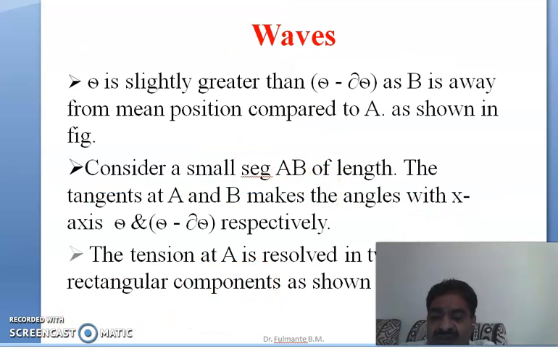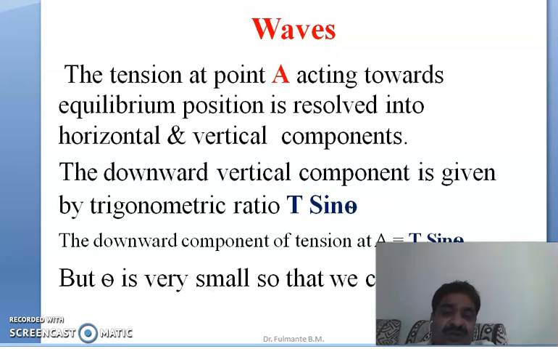Now let us turn towards the further part. The tension at point A acting downward in the equilibrium position is resolved into horizontal and vertical components. The downward vertical component, by trigonometric ratios, as already seen, is T sin theta. But theta is the angle made with the x-axis and it is very small.